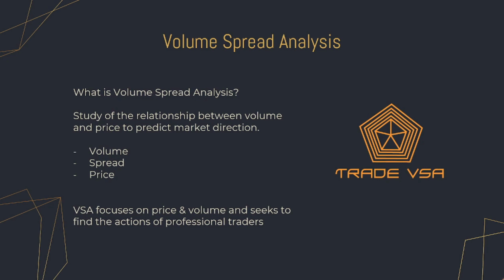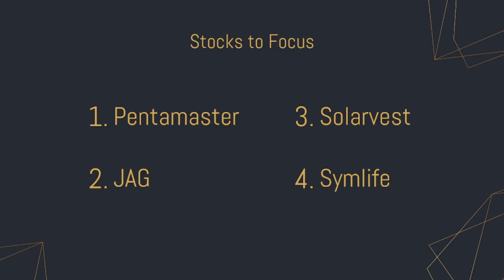Three things are very important for us: the volume, spread, and price. Each of these tells us some information about the market at a particular time. We focus on price and volume, and seek to find the action of the professional traders, referring to the smart money.